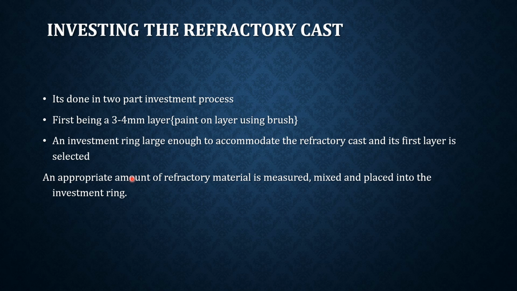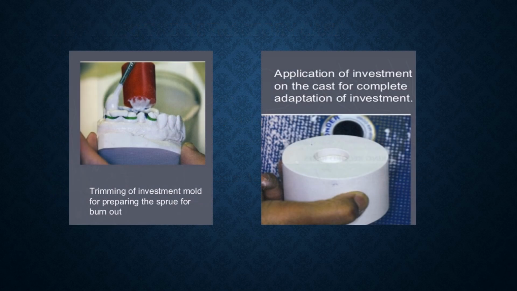So the investment ring is placed and a layer is painted on. An appropriate amount of refractory material is measured, mixed and placed into the investment ring. You can see that the refractory material is placed.